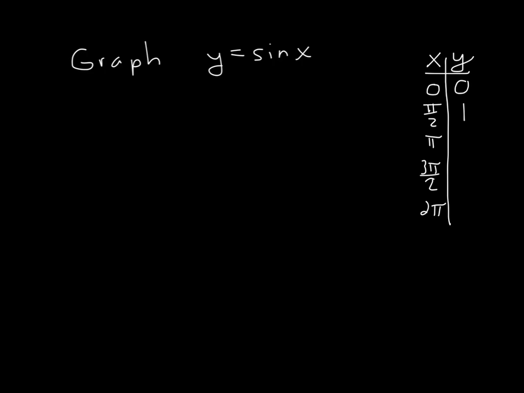Then if you go to pi, it's back to 0. I'll show you some other ways to do this. Like if you think about the unit circle, this is the point 0, 0. This is the point 0, 1.